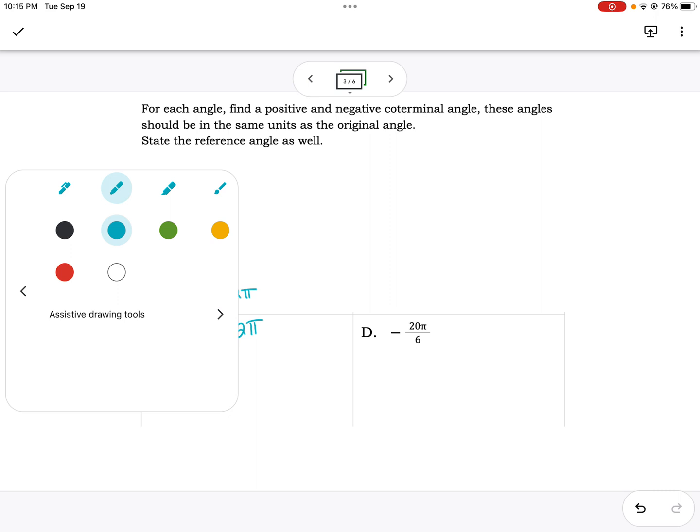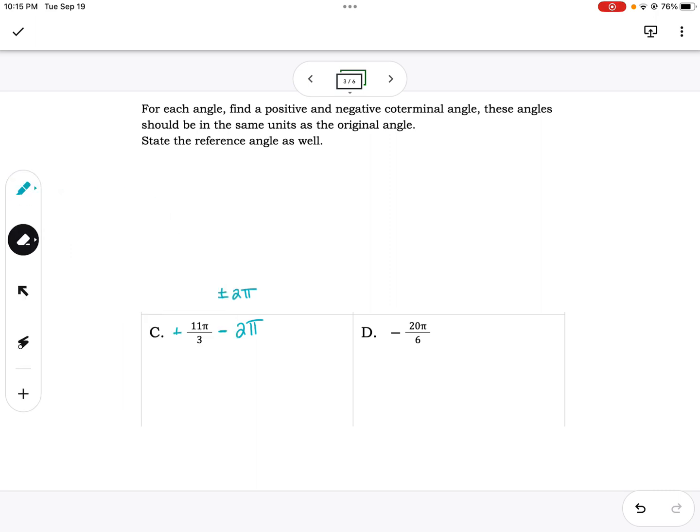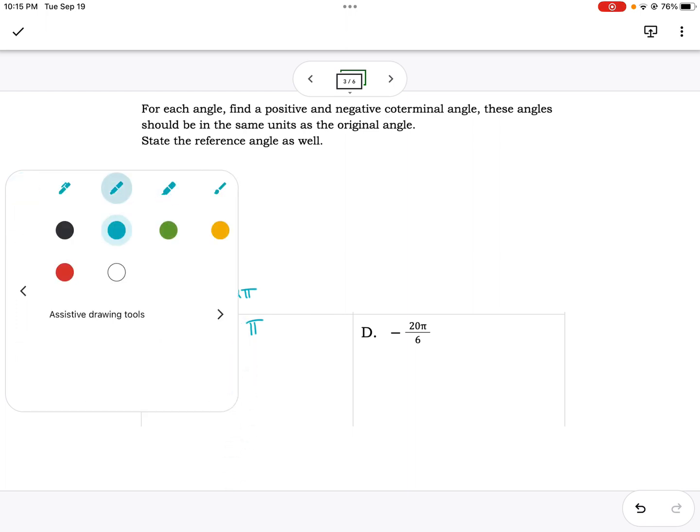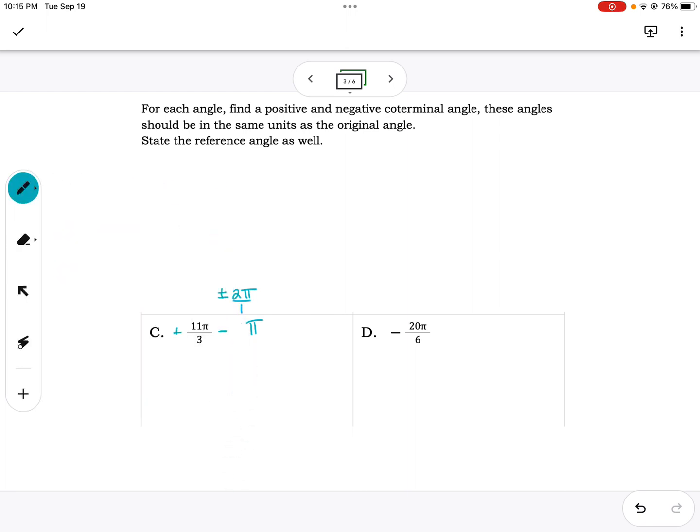The only problem is, right now 2 pi doesn't have a common denominator because this is 2 over 1. So instead of 2 over 1, I'm going to think of something over 3. Well, that would have to be 6 over 3, because 6 over 3 is the same as 2 over 1. Those are equivalent fractions. Now, I just need to subtract my numerators, so I get 5 pi over 3.